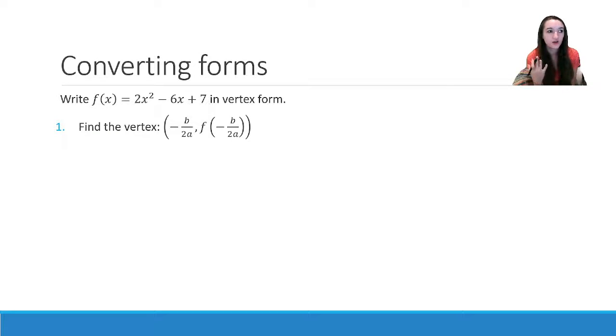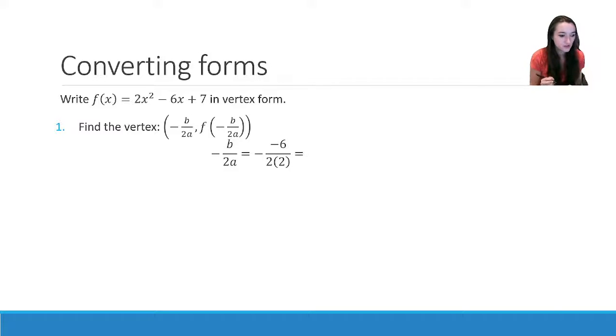So first I figure out what -b over 2a is. So remember, here's b, here's a. So b is -6, a is 2. So we're getting -6 over 2 times 2, which is going to simplify for us. So the negatives are going to cancel out to get us positive 6 over 4, which is 3/2.